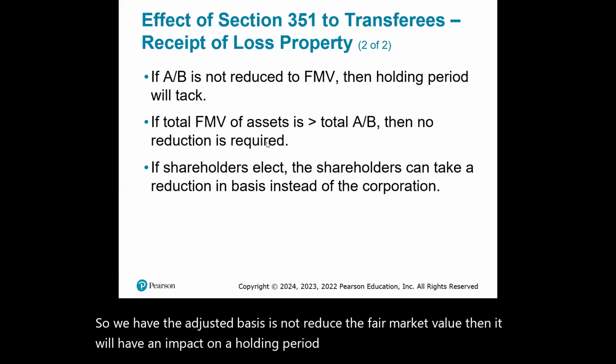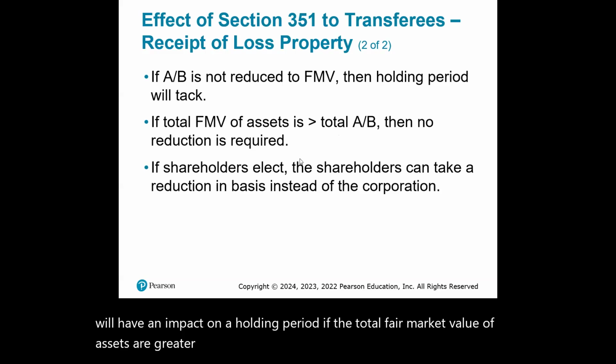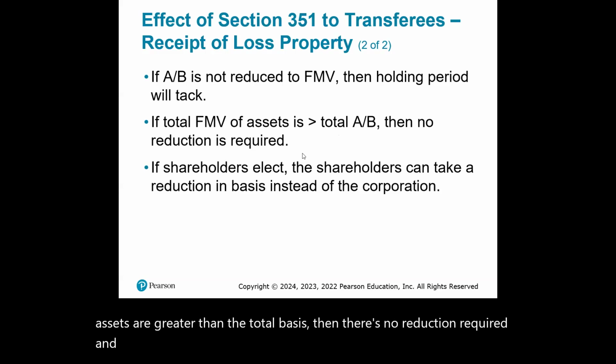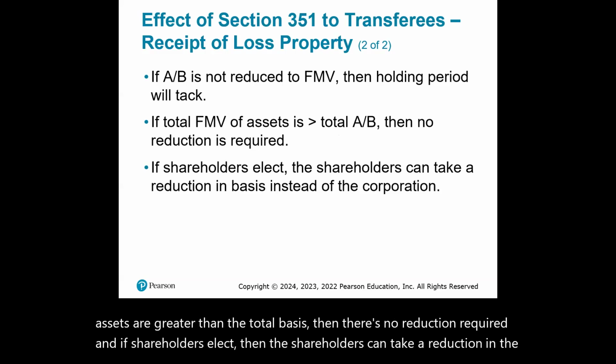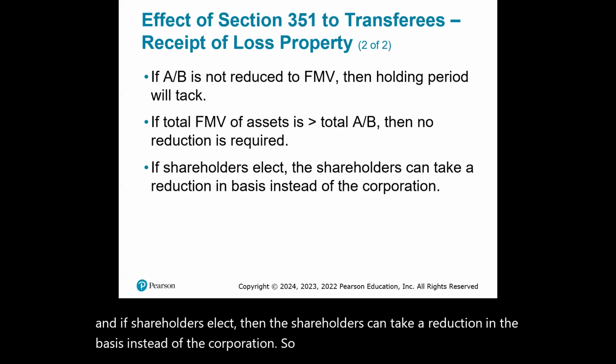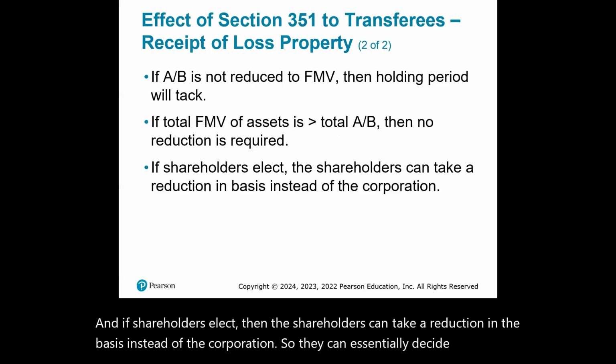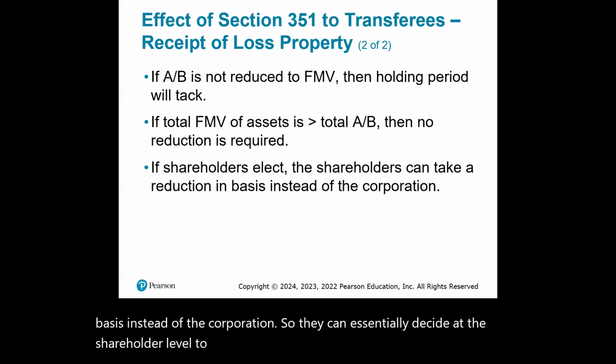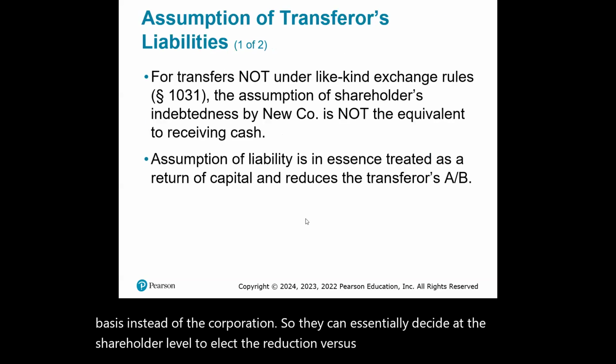If the total fair market value of assets are greater than the total basis, then there's no reduction required. And if shareholders elect, then the shareholders can take a reduction in the basis instead of the corporation. So they can essentially decide at the shareholder level to elect the reduction versus the corporation.